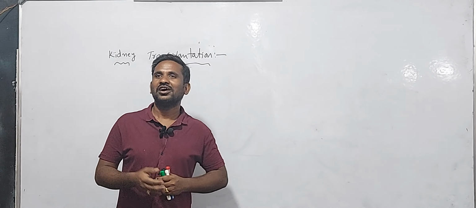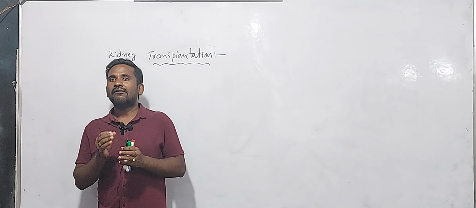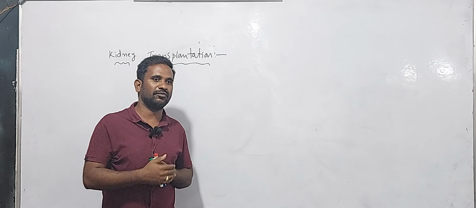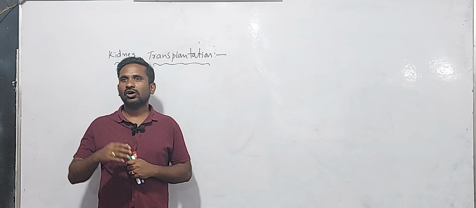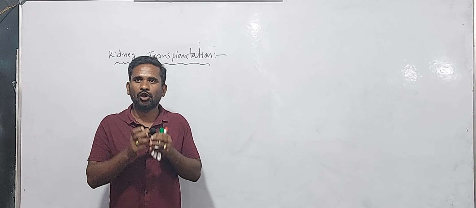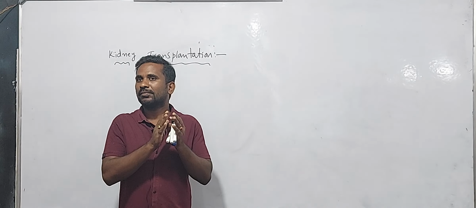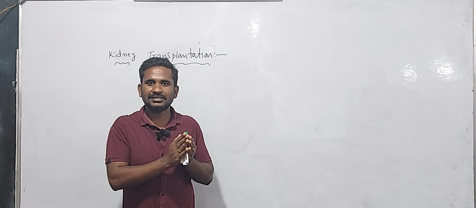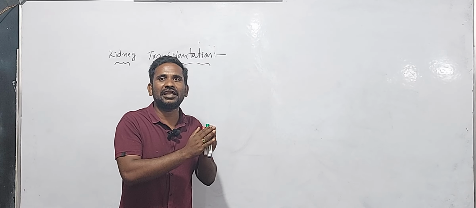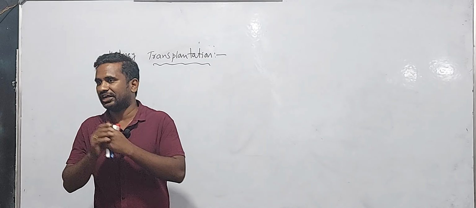Okay, so we know what important points we must follow here. We are collecting the kidney from the donor. Here we must follow one thing, that the kidney must be accepted by the body of the patient.